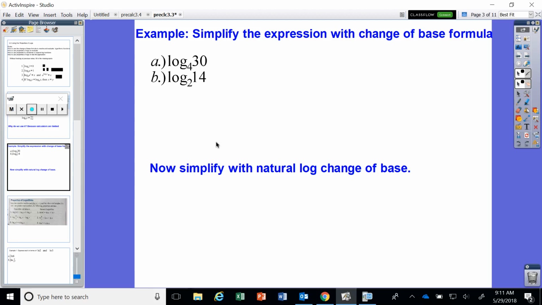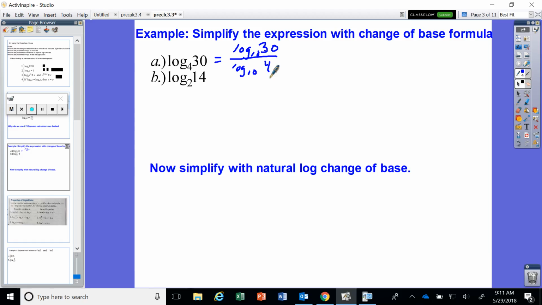For our first example, this can be written as log base 10 of 30 over log base 10 of 4.